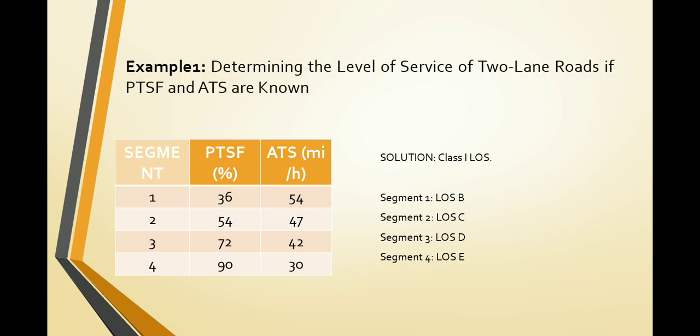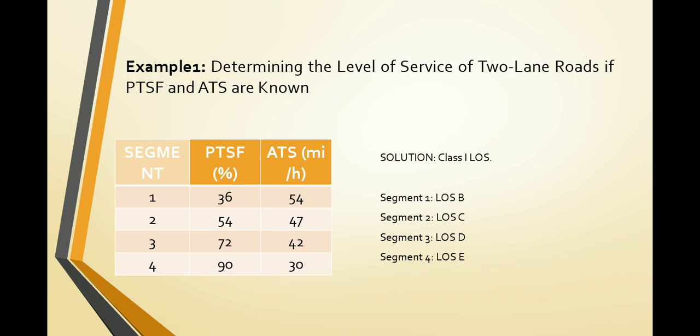So, example 1. Determine the level of service of a two-lane road if PTSF and ATS are known. Here we have segments 1, 2, 3, and 4, and the PTSF or ATS is given. What we will do is identify the LOS of segment 1.